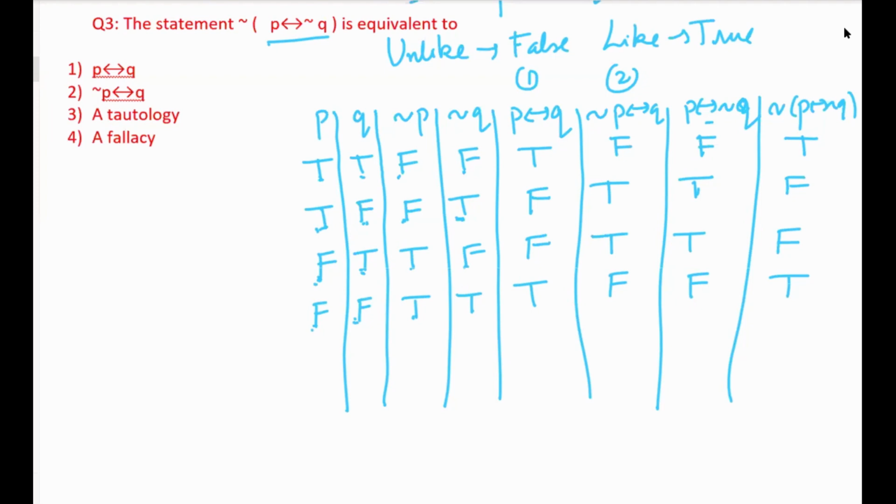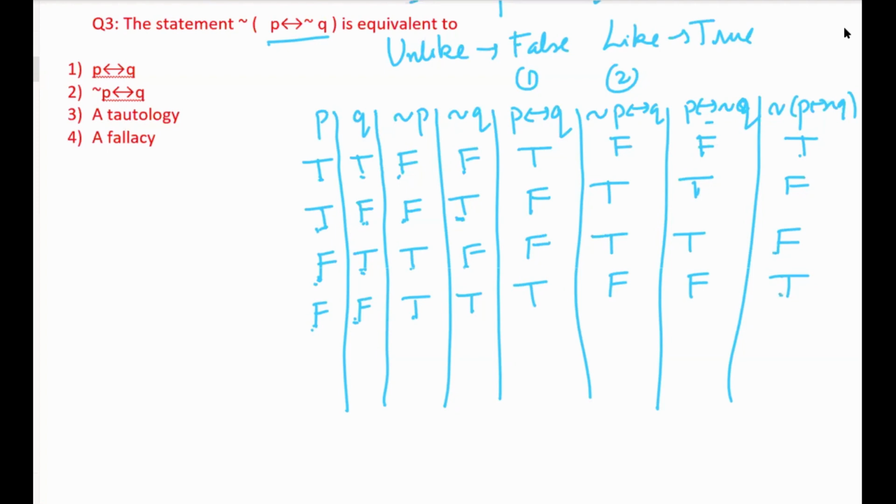Here, my answer is T, F, F, T. All the four cases are not true, T, T, T, T. All the four cases are not F, F, F, F. So 3 is not my answer, because if all the four cases are true, then my answer is a tautology. If all the four cases give answer false, then my answer is a fallacy.